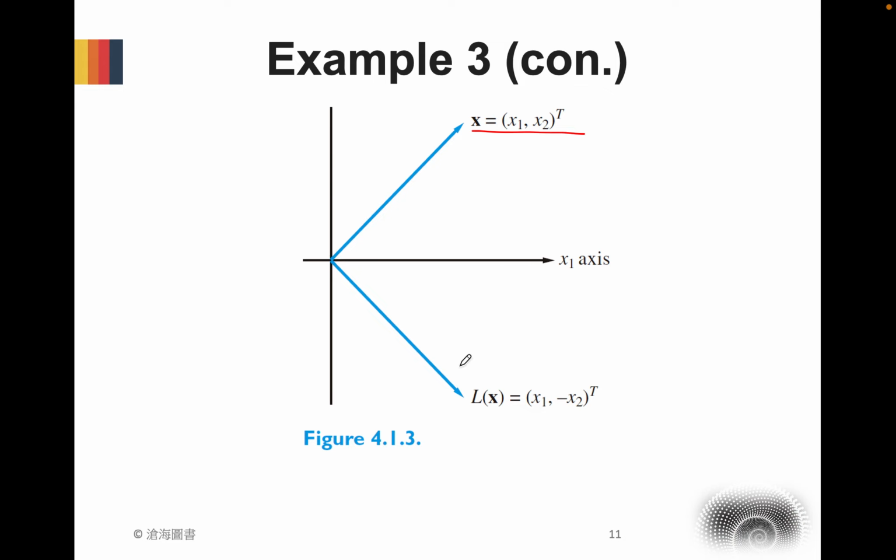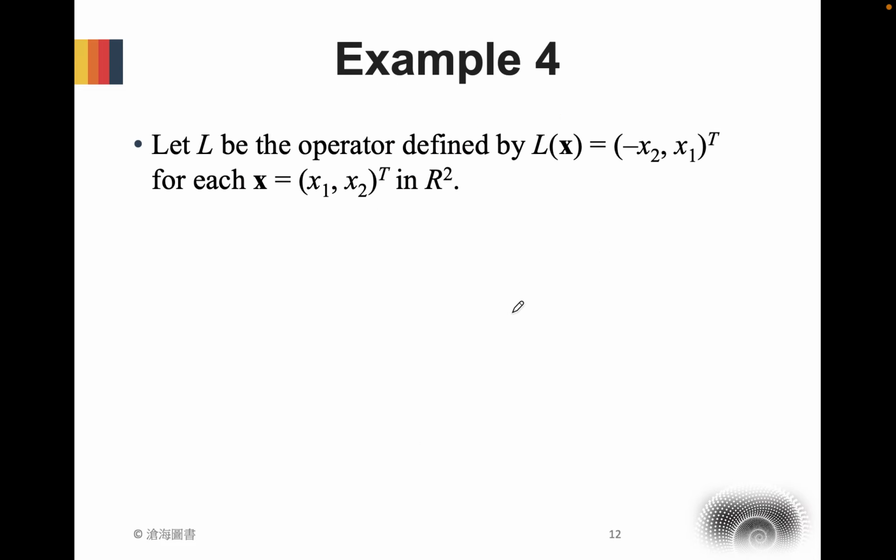Okay, so this is the geometrical meaning. 好，所以概念上在几何上，这个 mapping 在做什么事情呢？就是你把这个向量以 x1 为轴心去做一个映射，转变到这里来。所以你看这个动作又比刚刚的更为丰富了。我不是只取某一个基底的分量而已，我是做一个映射。好。Example number 4.